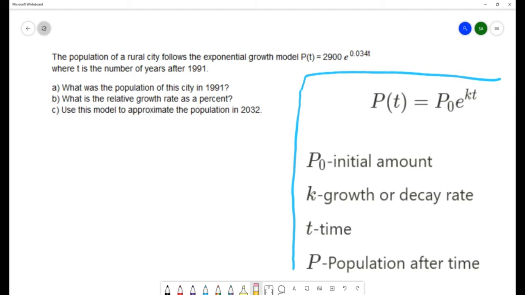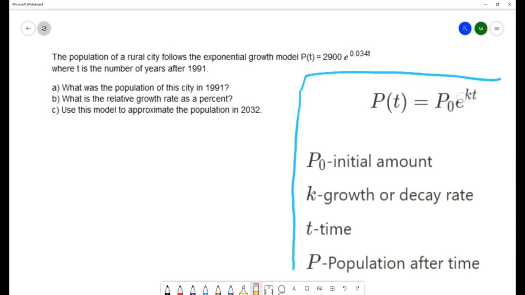So before we start going over these parts, I wanted to pull this information from our notes from 5.1. This is the exponential growth model, or sometimes we call it population growth model. We have P of t equals P naught e to the kt.